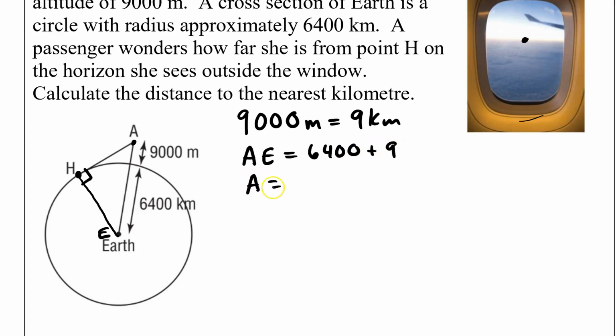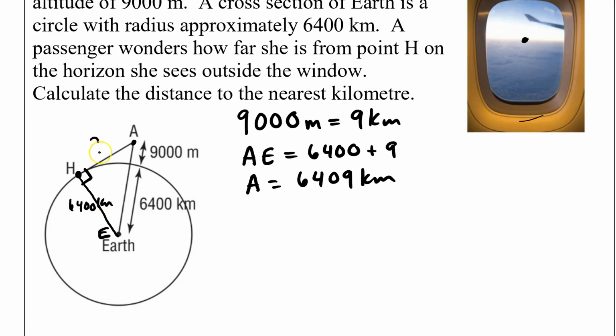So AE is going to be 6,409 kilometers. We did just create this right here, but we said that the radius of the Earth is 6,400 kilometers. So guess what, folks? This is still a radius. This is still a radius. We know that anything from the center to the edge of the circle is going to be 6,400 kilometers.